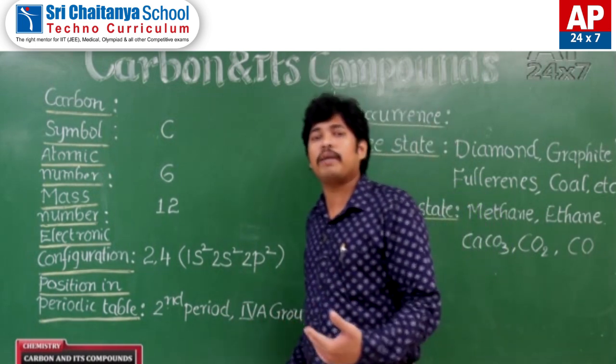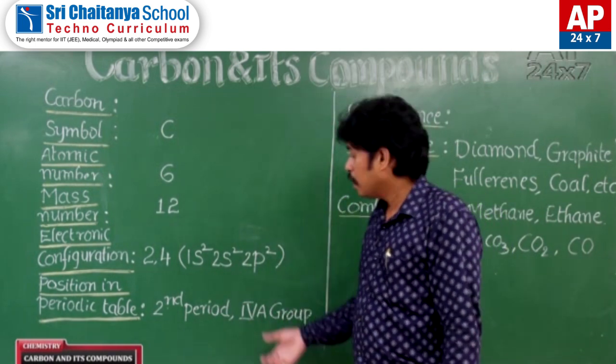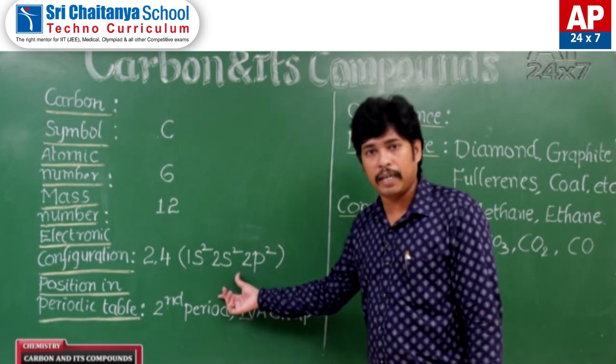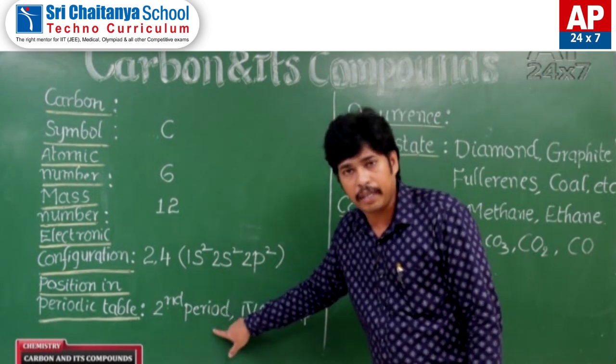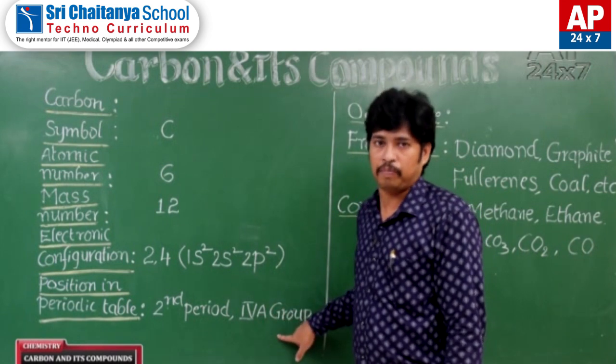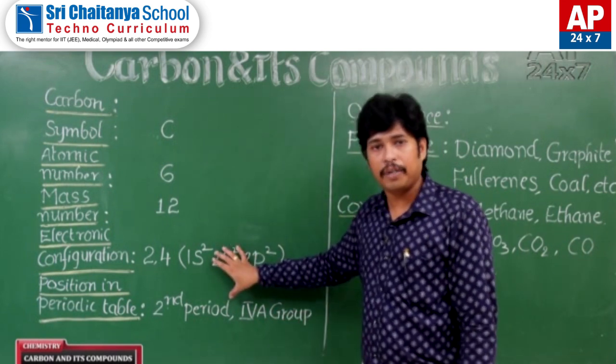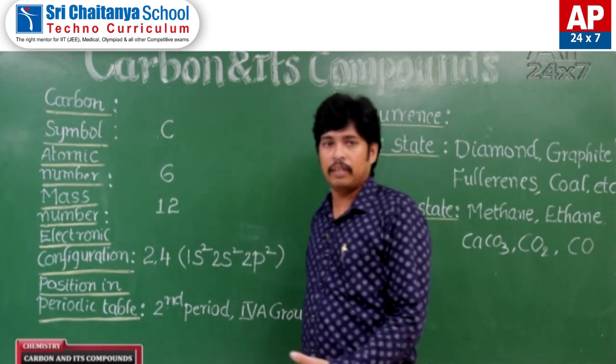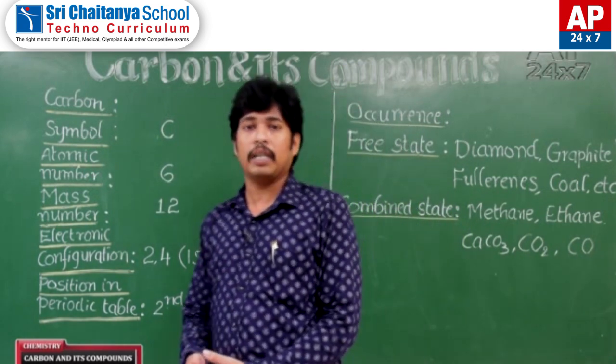That means the position of carbon in the modern periodic table is second period and 4th A group. These are all we had to know at the beginning of the chapter as introduction to carbon.